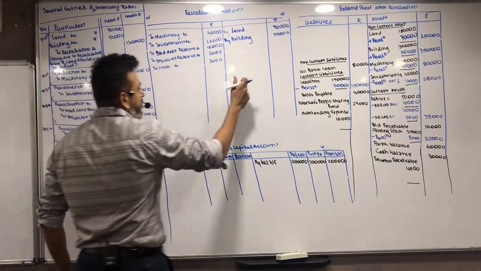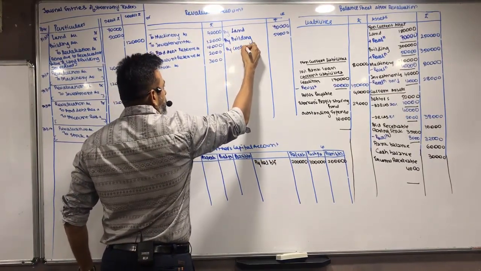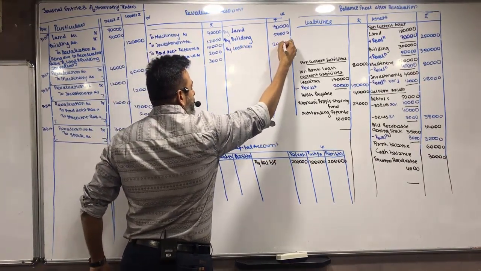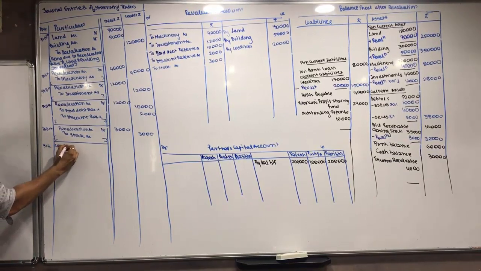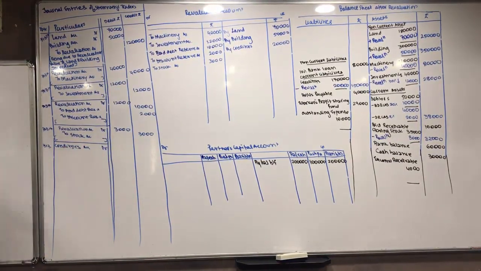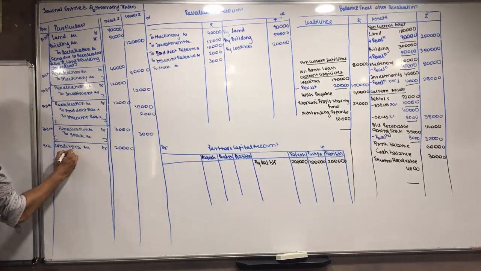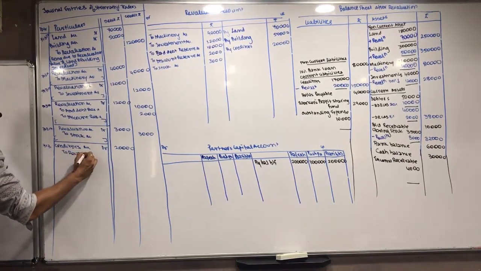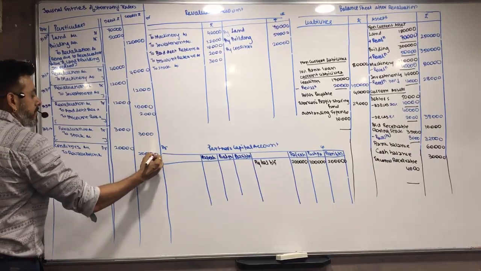So on the credit side, by creditors. Journal entry: creditors account debit 20,000 to revaluation account 20,000.